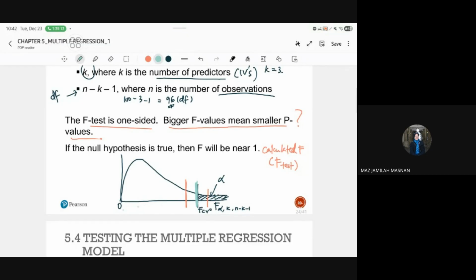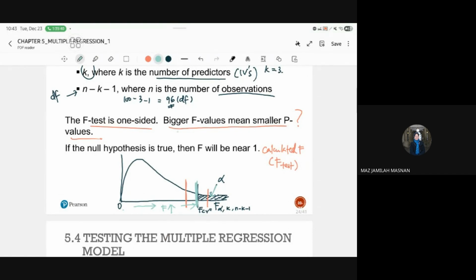Because this is 0, as we move over here, your F increases in value, and the rejection region also becomes small. That is the case for the rejection region based on the FCV.